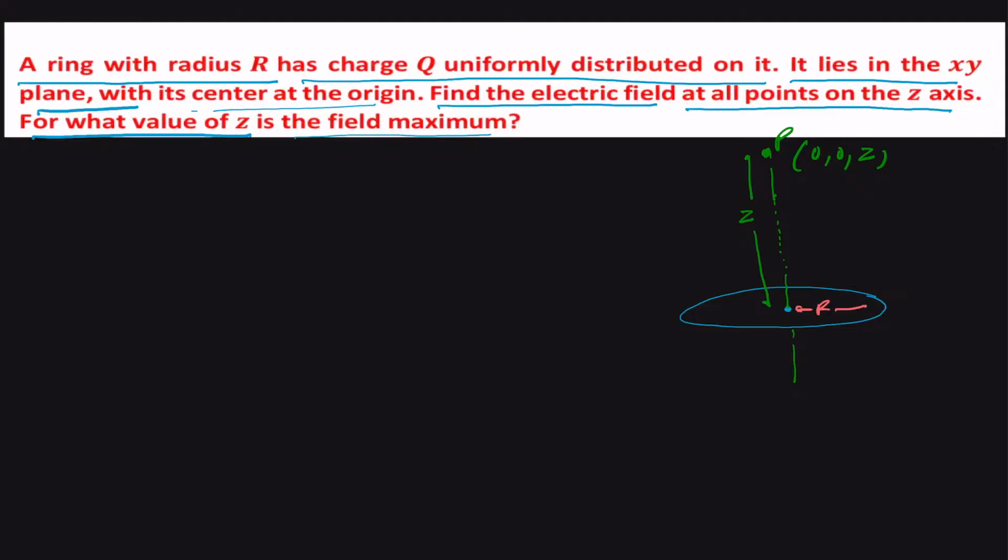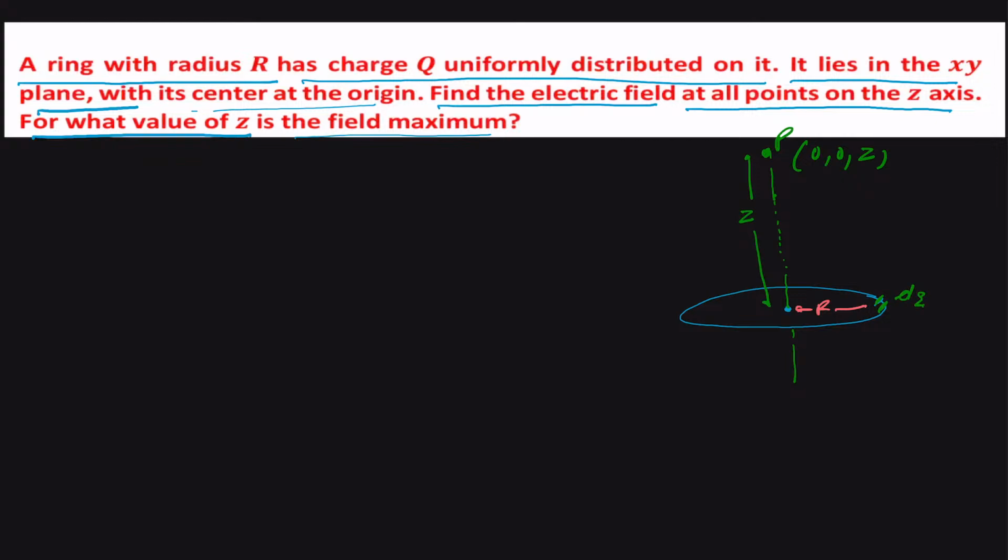In this case we are given that the total charge is q and the radius of the ring is r. With respect to this point P, whenever we want to solve, we consider a small charge element, dq.